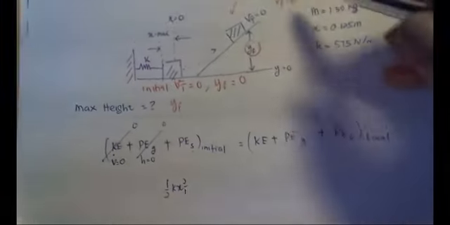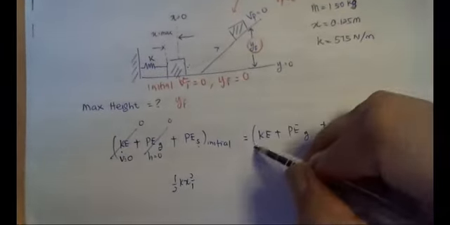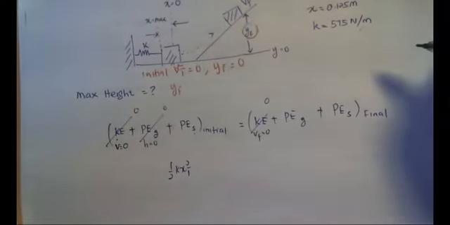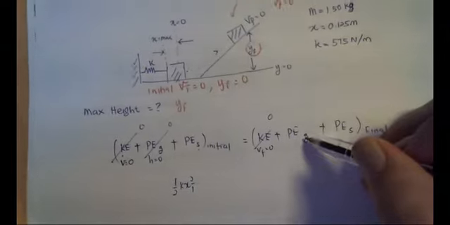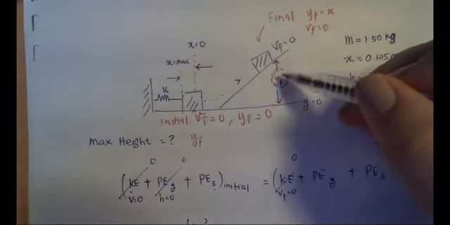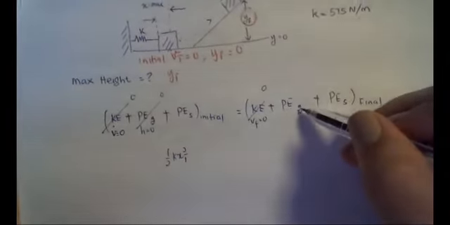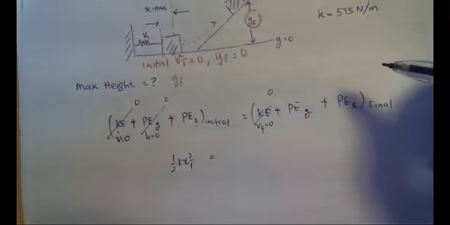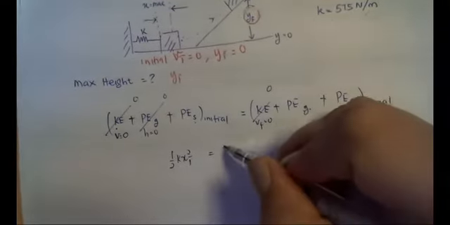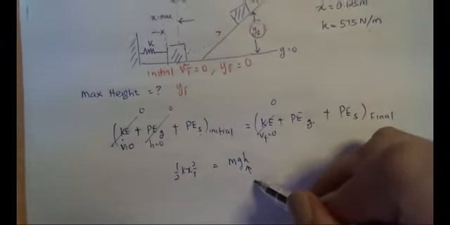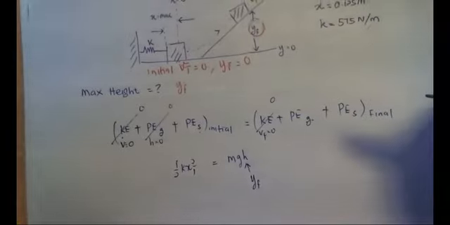Now, move to the final position of the block. I know that the final velocity is also equal to 0, so the kinetic energy here is also equal to 0. But the gravitational potential energy is not equal to 0, because we do have the final position of the block at one point of height. The equation of gravitational potential energy is mgh, which in this question, your h is equal to your final height.